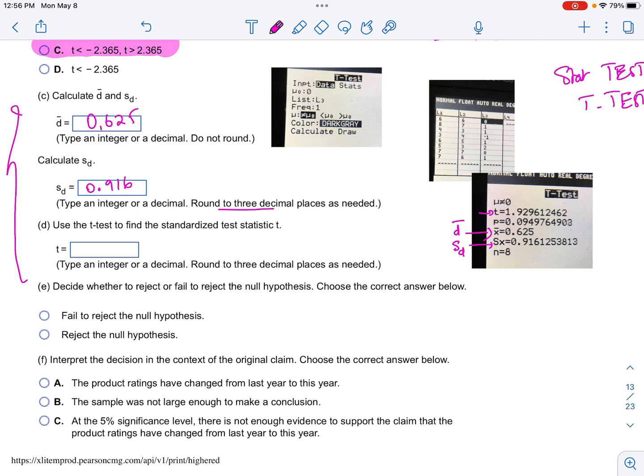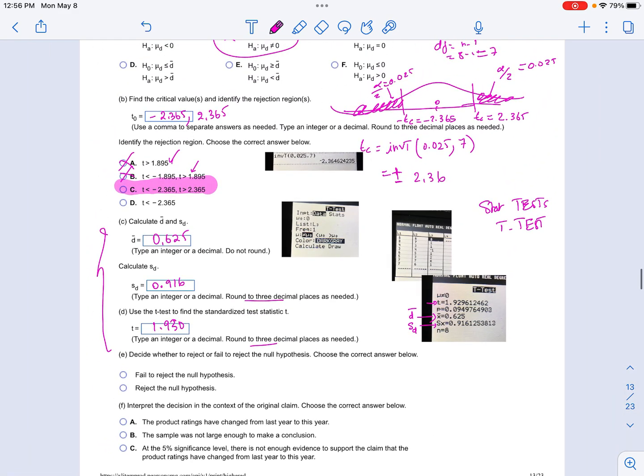Your T statistic is right here, T stat 930. That's it. Now notice, where does your T fall? We're going to have that in blue, 1.0 right here somewhere.